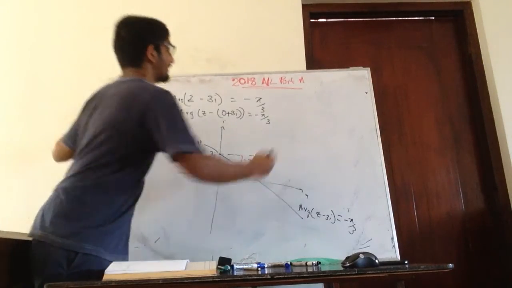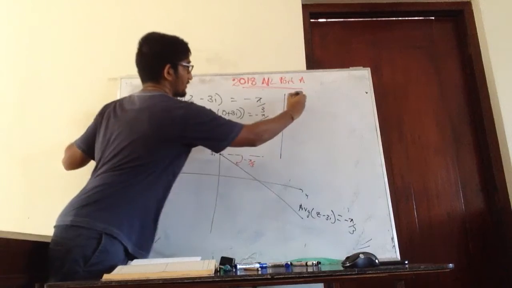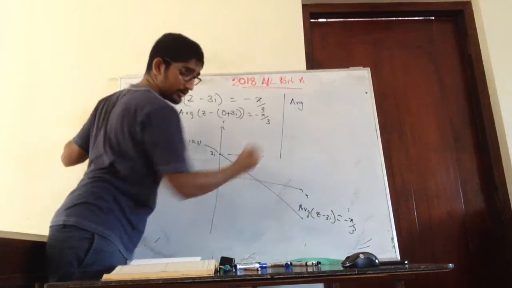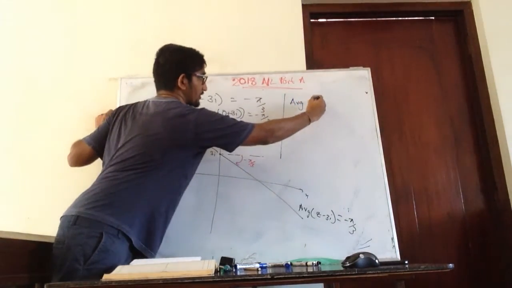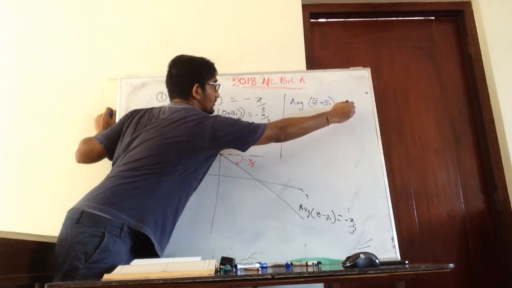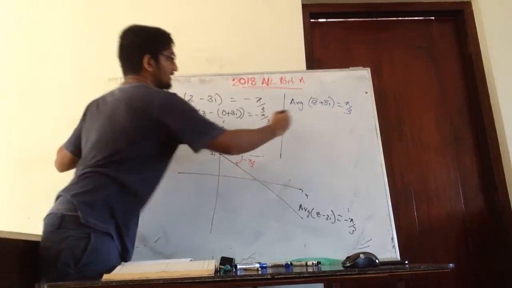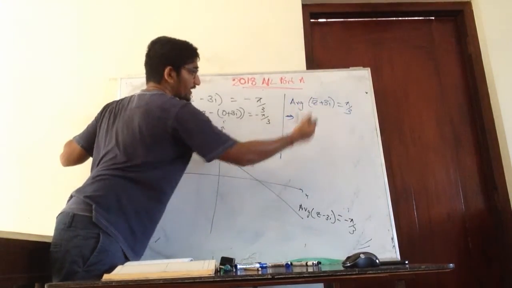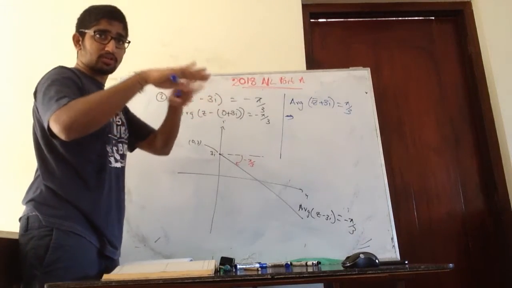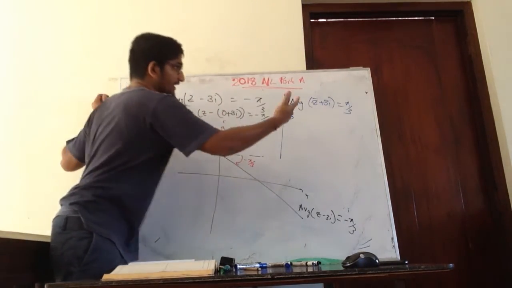Okay, so what is that? So now this says argument of z bar plus 3i equals 5 over 3. Right? So now here this can be written as, I can take the bar of both sides.